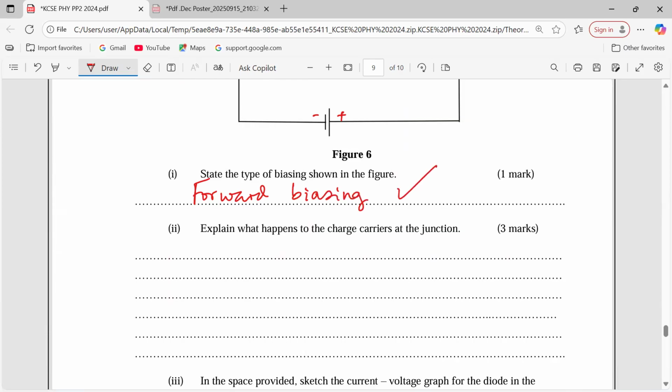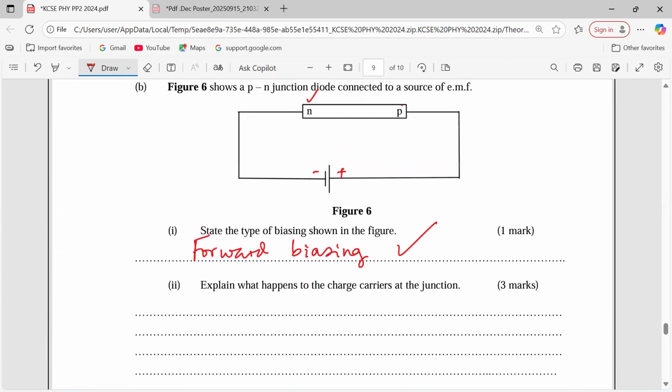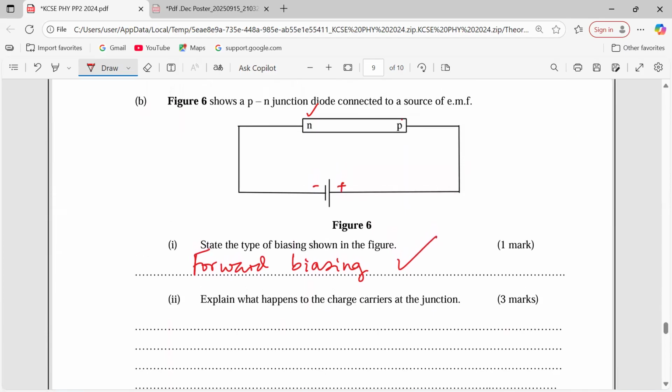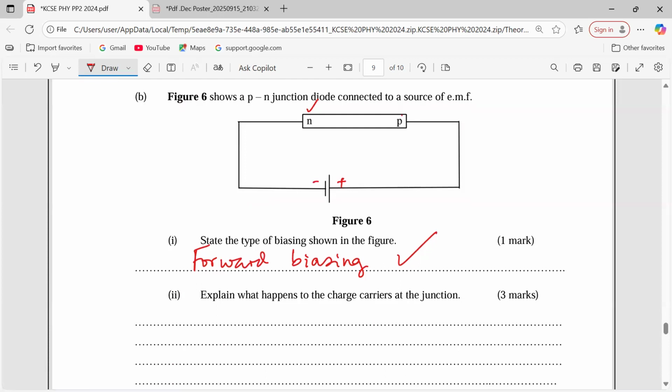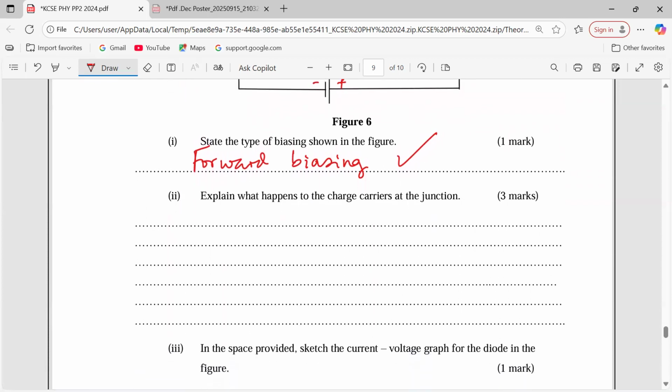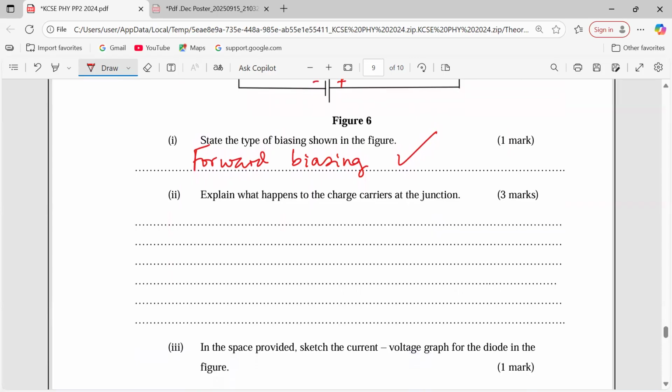We're supposed to know that in forward biasing, the N part of the diode is connected to the negative part of the EMF, and the P part of the junction is connected to the positive part of the external source of the EMF. Part 2, explain what happens to the charge carriers at the junction.